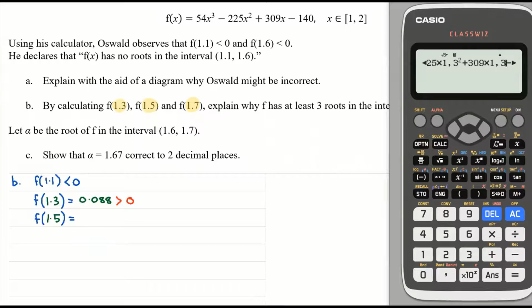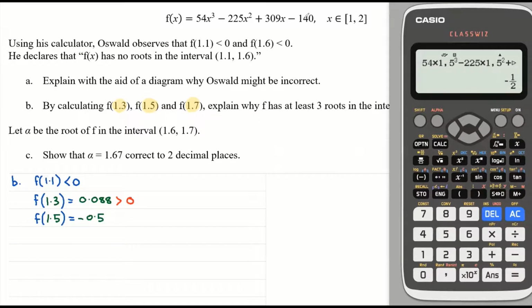Just go back to the start first of all. So wherever I see a 1.3, I'm just going to change that to 1.5. So delete that, change the 3 to a 5. Delete that, change the 3 to a 5. Okay, and I think that's it. Okay, so we get negative 1/2. So that's minus 0.5. Just keep it in decimal form, which is negative.